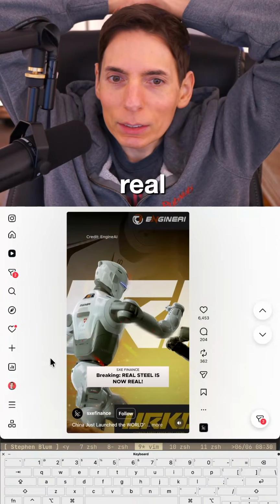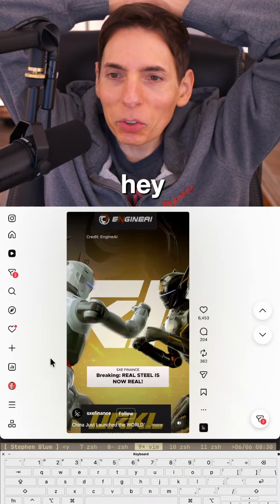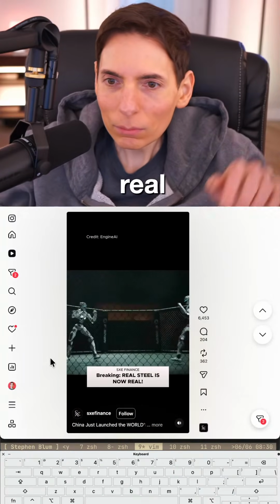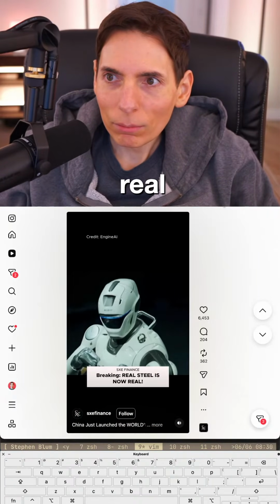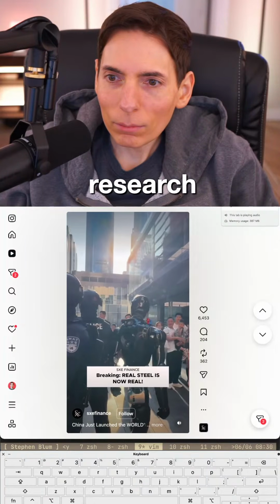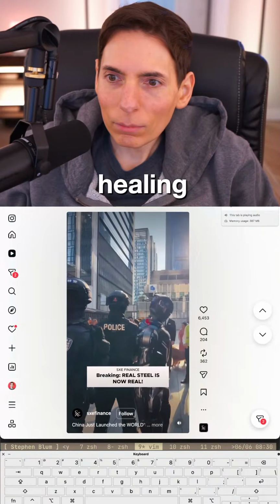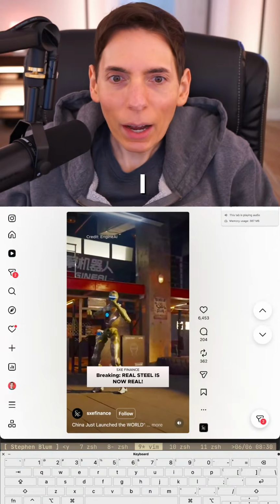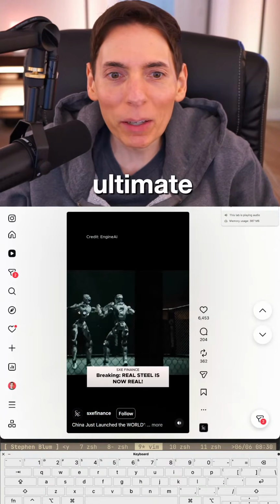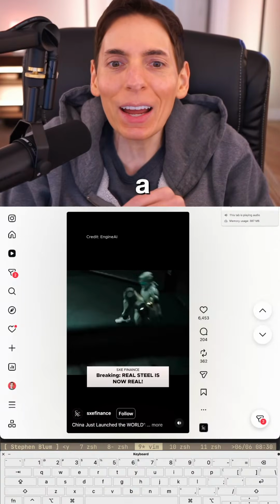Is this real? Hey, Savon, is this real? Robot Combat League. Engine AI calls it the ultimate robot knockout legend, open to teams worldwide. Universities, companies, and research labs all get a T-800 humanoid robot completely free. Okay, I think so. The company is real. All right, the more we know. Ultimate robot knockout legend is a diabolical name.